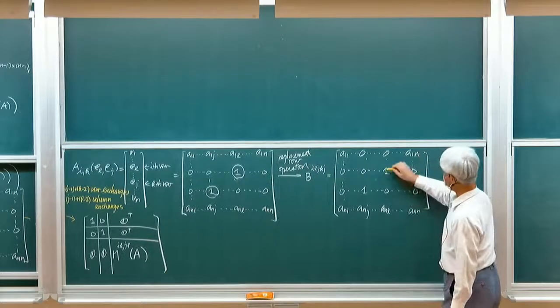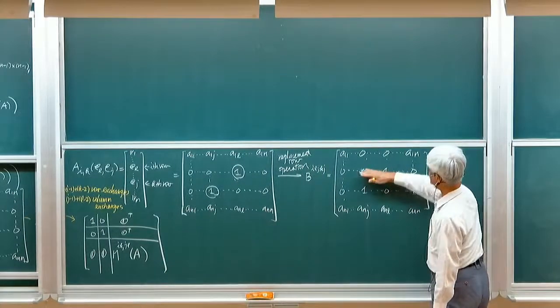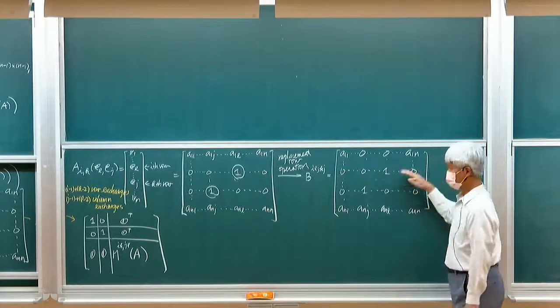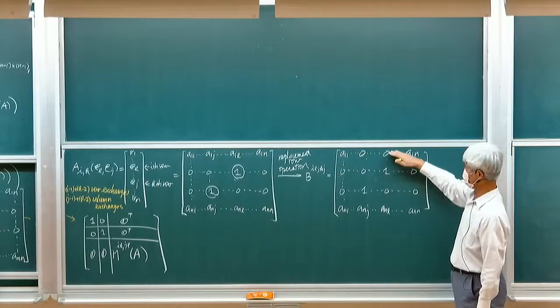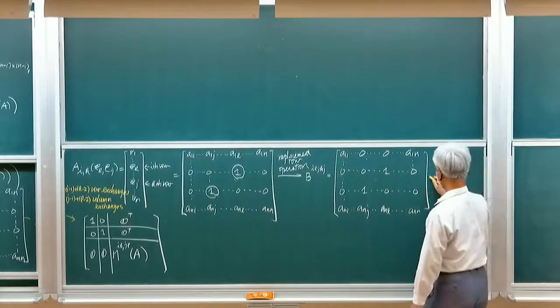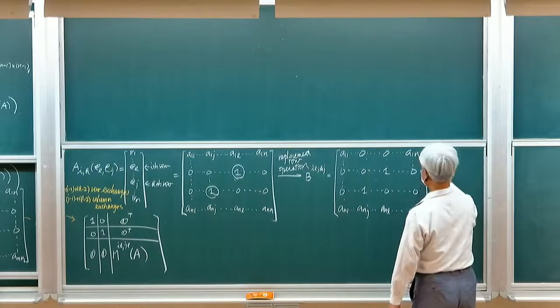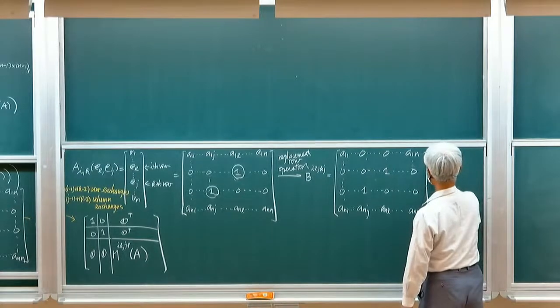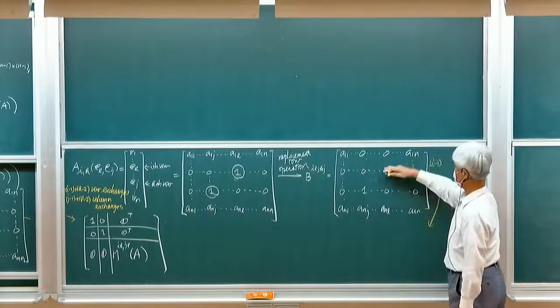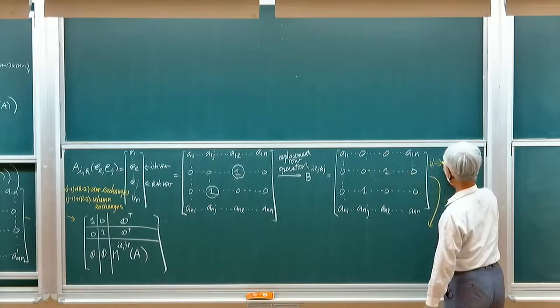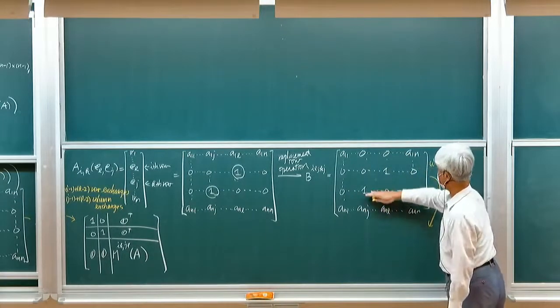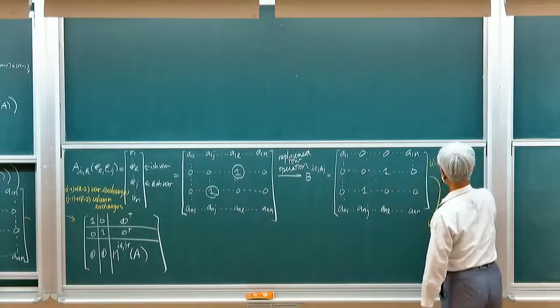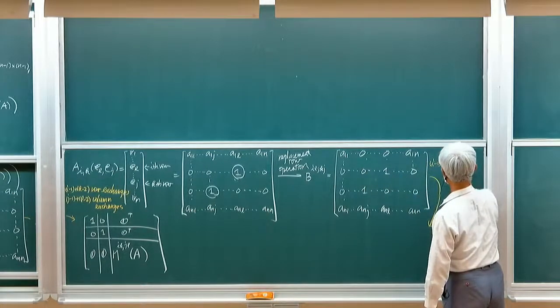If you move the I's row to the first row, you need I minus 1 row exchanges, plus when you move this one to the second row, you need K minus 2 row exchanges.